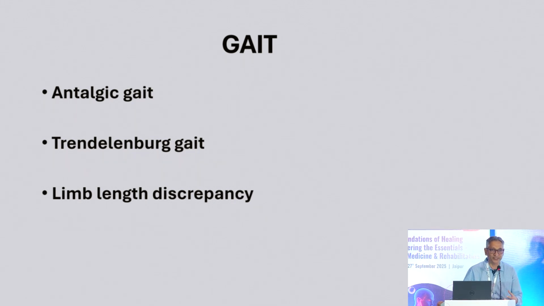If the patient is having a bilateral problem, then he will have a waddling gait. If it is unilateral, the lurch is towards the affected side only. And what about the limb length discrepancy? Here also the shoulder and the pelvis will be drooping on the affected side only.